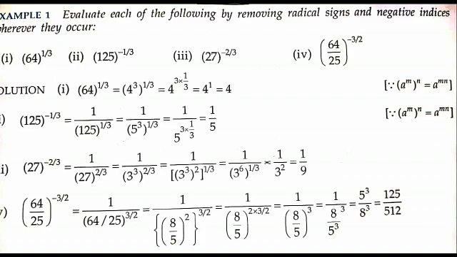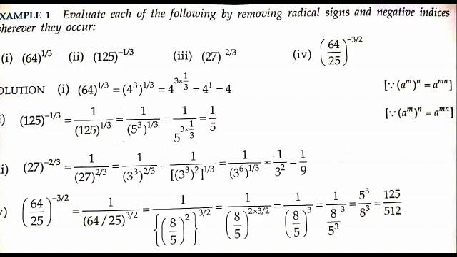Moving to subtopic 3, it is 27 to the power minus 2 by 3. Again, using the law, I can write 1 divided by 27 to the power 2 by 3. And 27 can be written as 3 to the power 3. So we have 1 divided by 3 to the power 3 whole to the power 2 by 3.